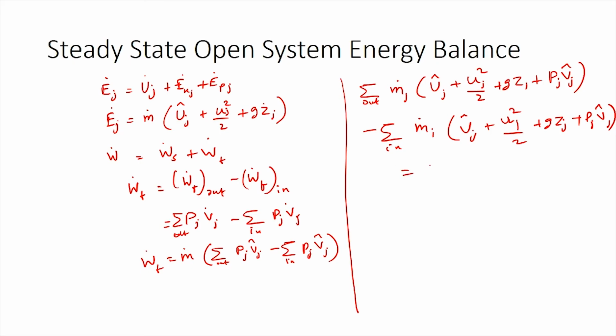This would be equal to q dot minus w s dot. So, what I have done here is split the work into shaft work and flow work and taken the term for the flow work to the left side in the equation which we had used.